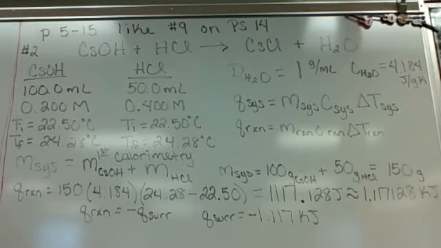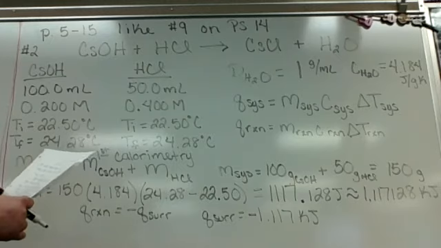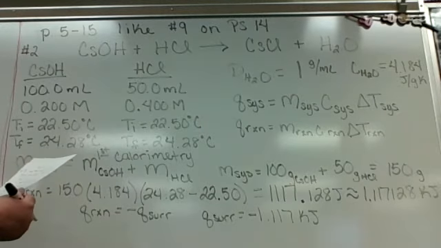So if we find delta H of the reaction, we also find delta H per mole of each of the reactants because they're all 1. The mole ratio is 1.